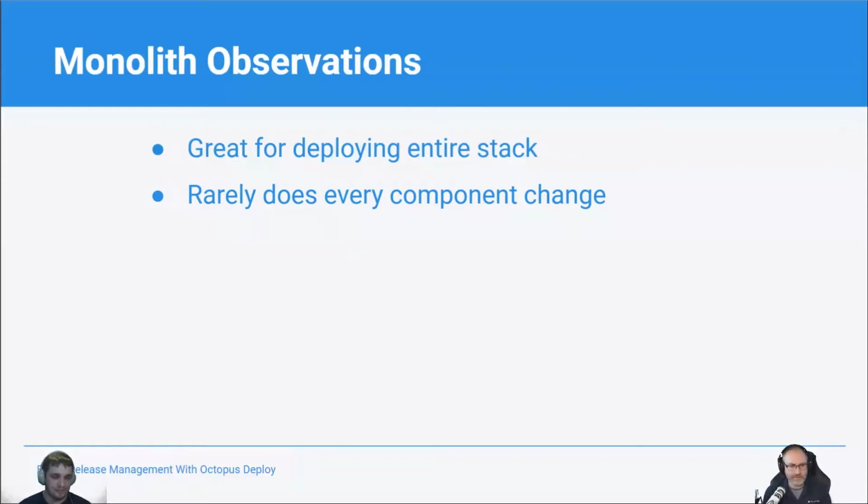But as we got faster and more efficient with our deployments, we got down to doing a major release probably once every 6 to 8 weeks, and then bug fixes between then. And very rarely do we change every single component. I imagine you probably ran into the same thing as well.